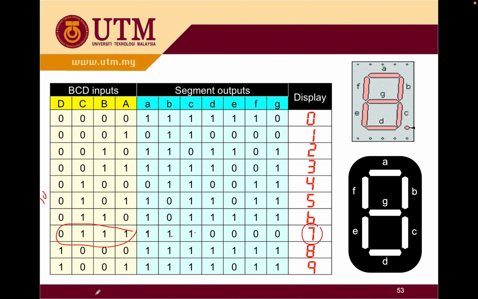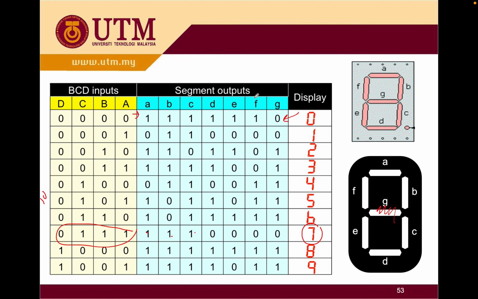The rest will be invalid. This one is 1. This one is 0. So if it is 0, we're going to have the output of 0. The output will be 0 like this. So how does the 0 look? It will be 1 1 1 1 1 1 0.